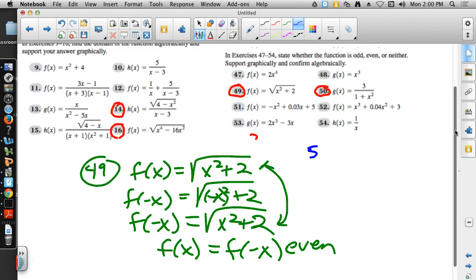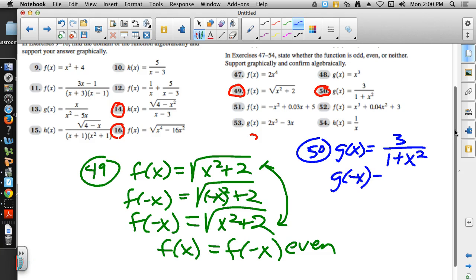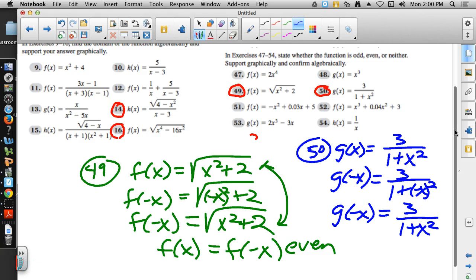Number 50, same situation. We have g of x, which is 3 over 1 plus x squared. And we want to investigate g of negative x. So that would be 3 over 1 plus negative x, the quantity squared, which of course, because it's negative, when it's squared, is just going to come right back to a positive x squared.